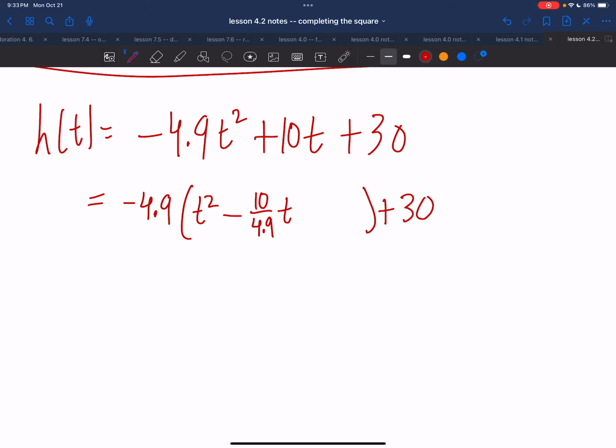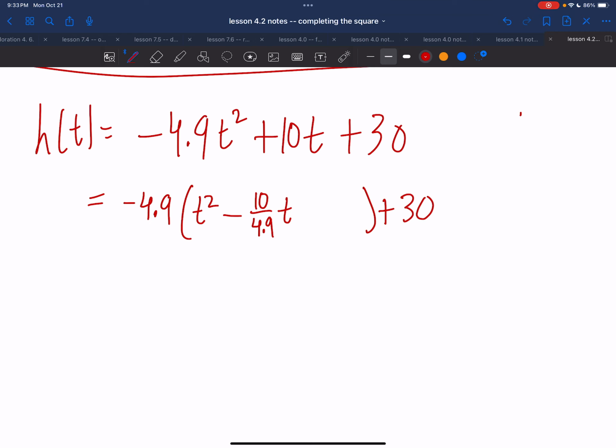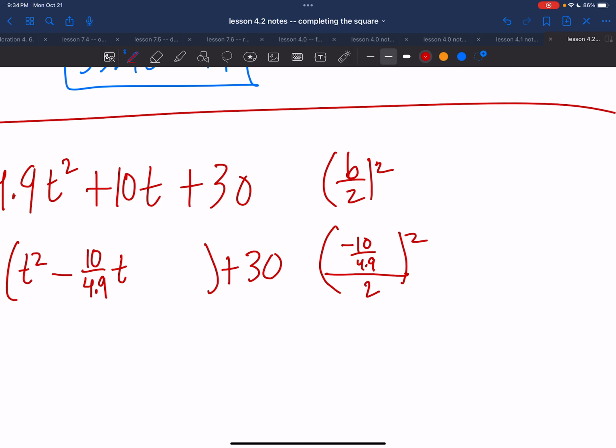Plus 30. But now you need to complete the square. You take the b value, divide it by 2, and square it. That means you're taking negative 10 over 4.9, over 2, and squaring it. Heads up, negative 10 over 2 is actually going to come out to negative 5 over 4.9, squared.